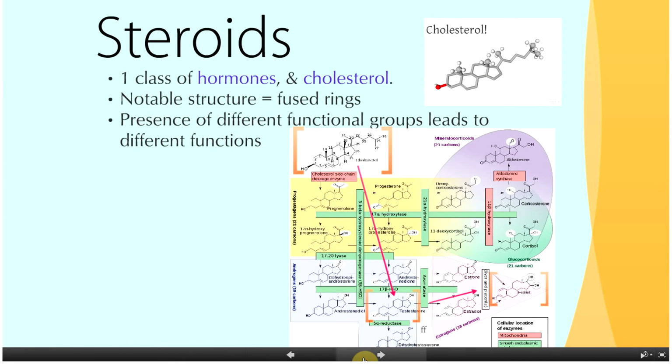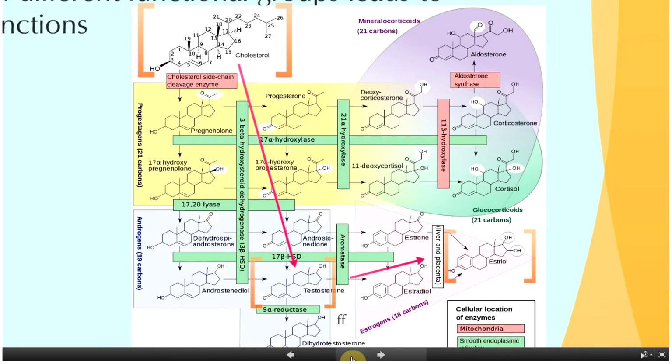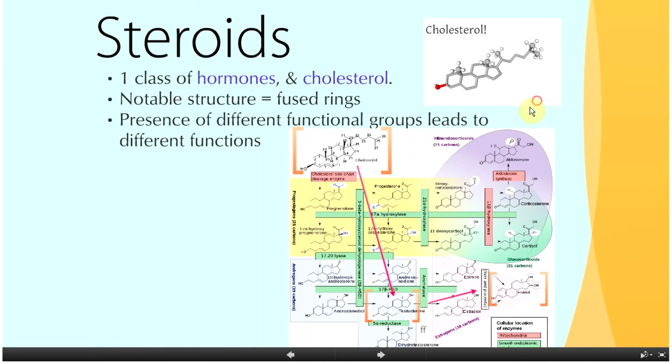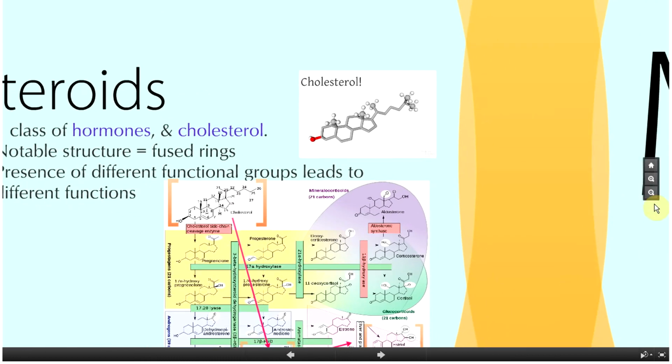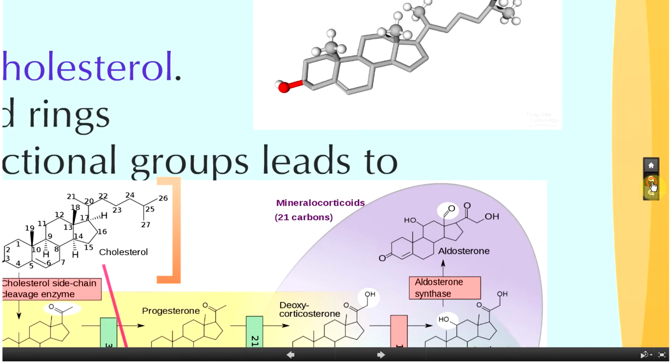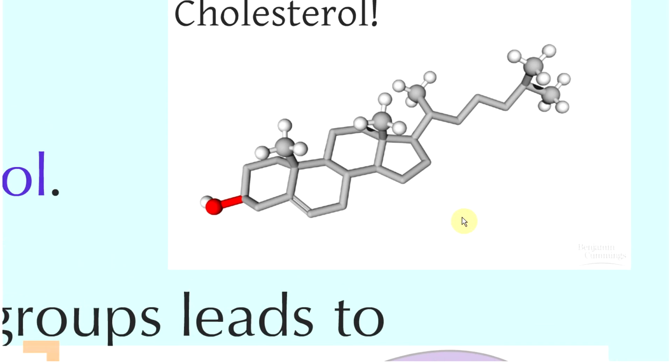Okay, steroids are our last group of lipid molecules. The basic structure of a steroid is a combination of 4 carbon rings made out of a bunch of carbon atoms arranged in a ring.